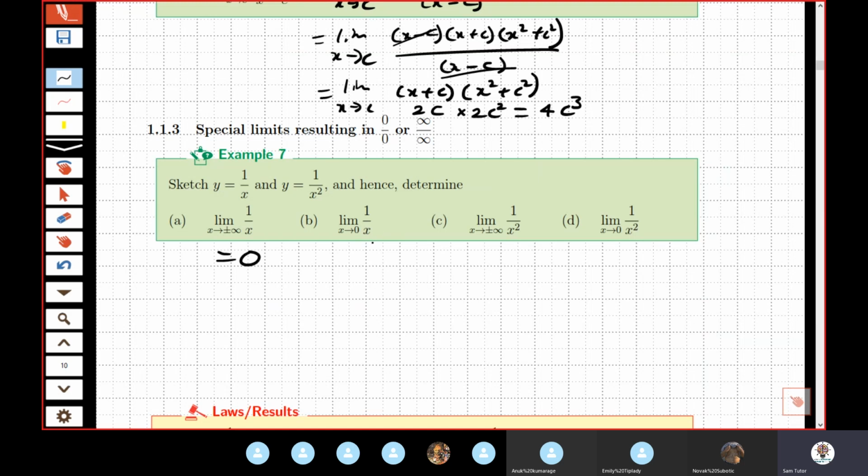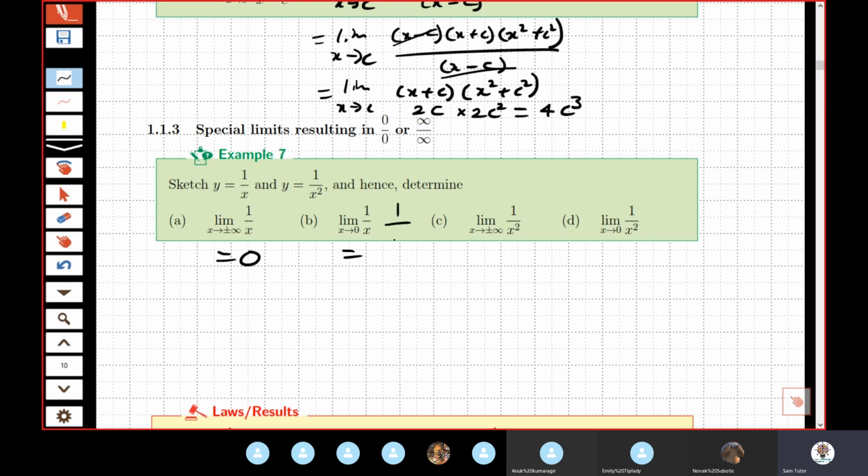So 1 over a very small number. Does anyone know what the answer to 1 over 0 is? 1 over a large number is 0. What about 1 over a small number? What would that give me? I know it's undefined, but the idea is if it's a limit, it can become something. So what's 1 over 0? 1 over a very, very small number.